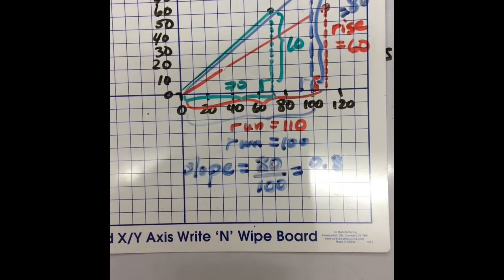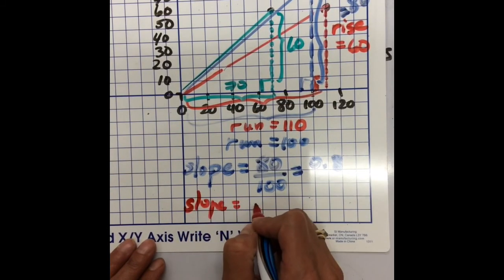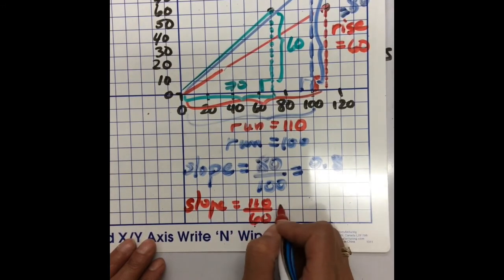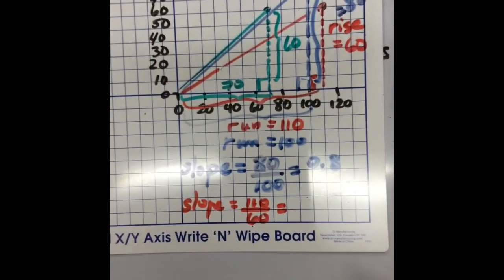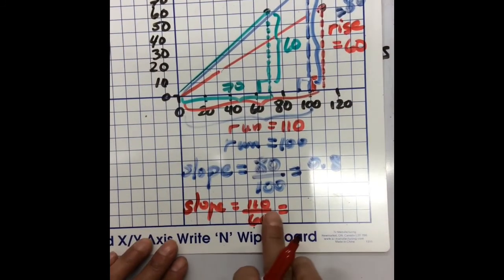If we look at the red one, we have a slope of 110 over 60. And if you calculate that one, you can use your calculator or you can reduce the fraction. What you'll get is, oh, now look at what I've done.